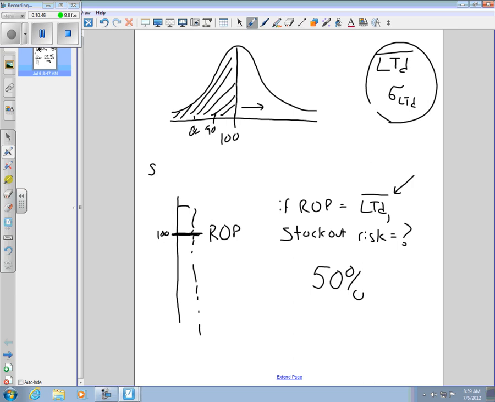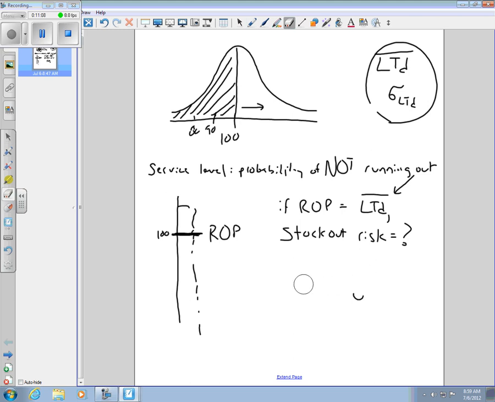Okay, so my service level is the probability of not running out of inventory. Okay, the probability of not running out. So if stockout risk is 10%, that means my service level is 90%. If stockout risk is 50%, then service level is 50%.